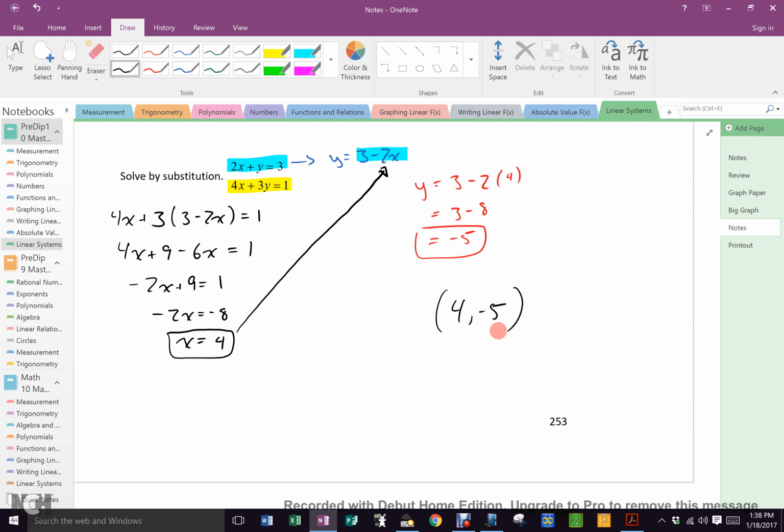So what did I do next year? Taught elimination first. Guess what those clowns said? Why don't you teach substitution first? It's way easier. So you guys are back on an odd year. I taught substitution first. After I teach you elimination, you guys can tell me which one was better. They're exactly the same. But you can tell me which one you liked better to see if you can keep that pattern going.